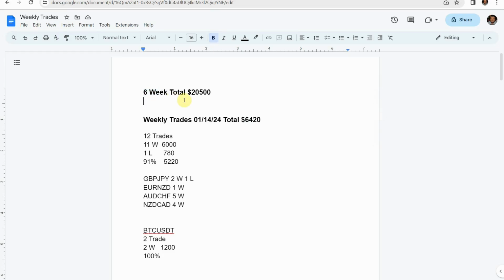At 6 weeks now, that would have put us at a total of $20,500 altogether. And so you see how when I say you can make $36,000 using this strategy in a matter of 3 or 4 months, it is absolutely realistic using just a couple of Forex pairs and 1 crypto coin if you wanted to trade it. And you can see that we're getting really nice gains tracking these every single week.